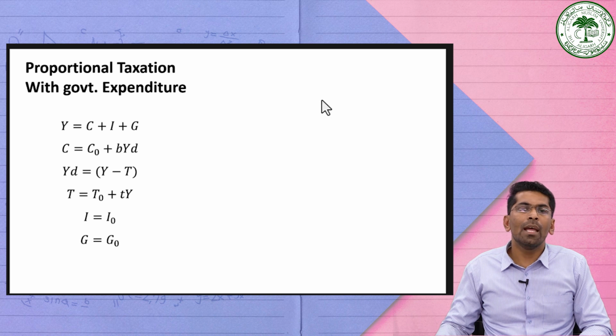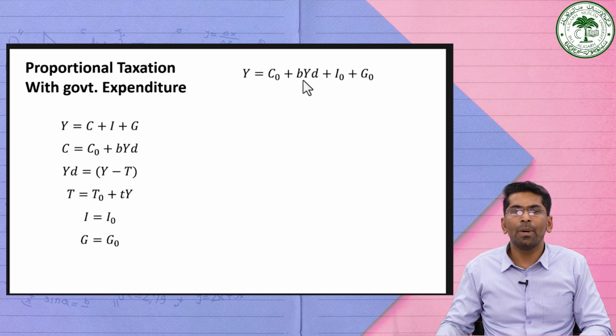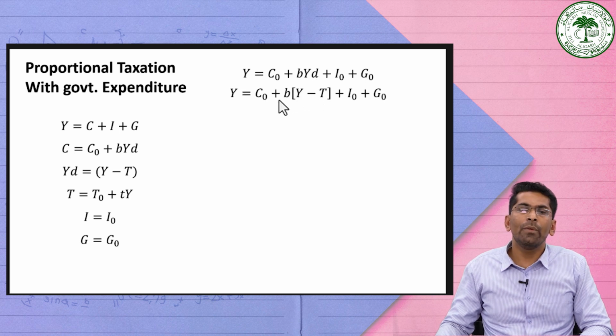See, your level of income will be the consumption function C0 plus B Yd plus I0 plus G0. And we know what Yd is, it is Y minus T. So I am substituting here, instead of Yd, Y minus T. So it will become C0 plus B into Y minus T plus I0 plus G0.